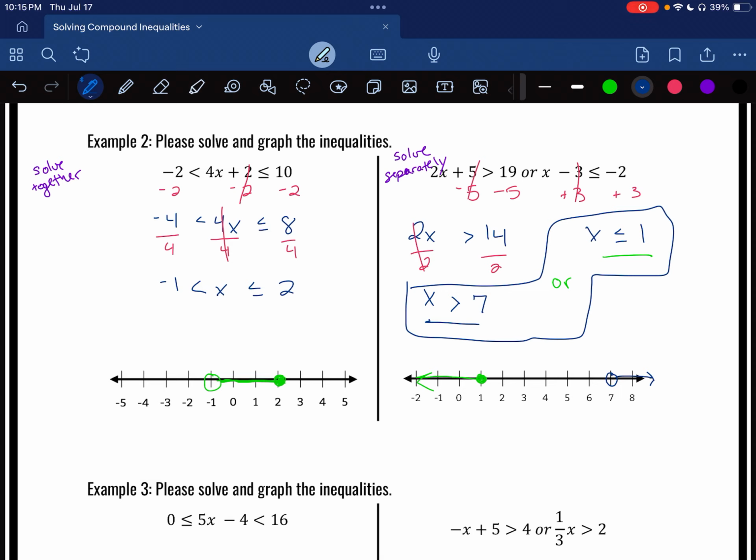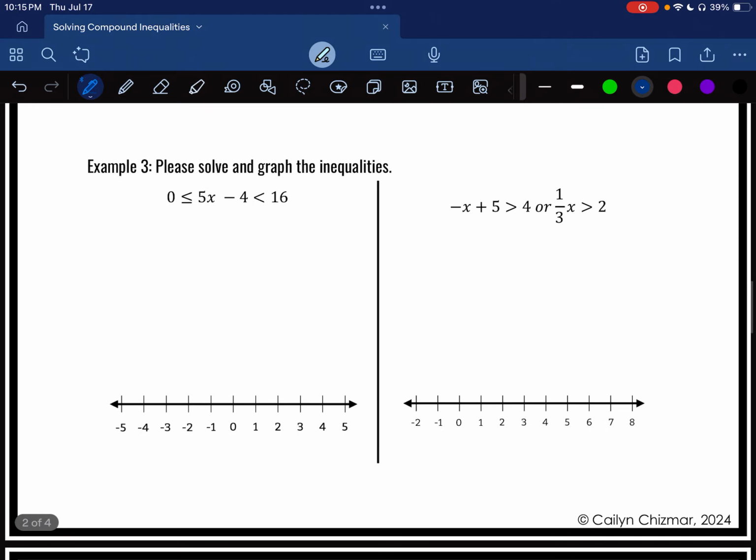All right, next we are going to solve and graph these inequalities. Okie dokie. So the first one is an and. Let's go ahead and add 4 to all sides. 4 is less than or equal to 5x, which is less than 20.